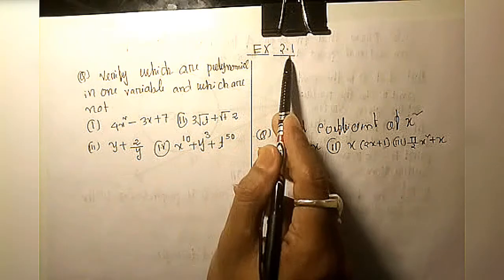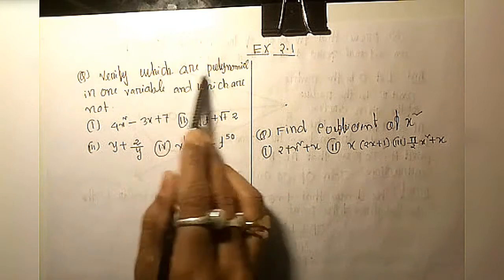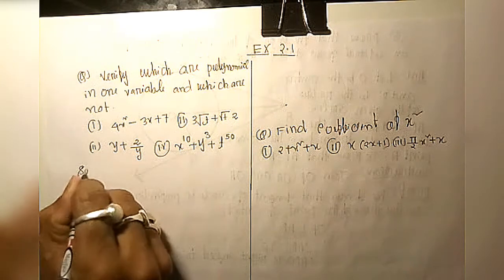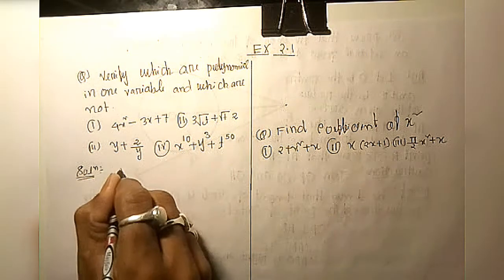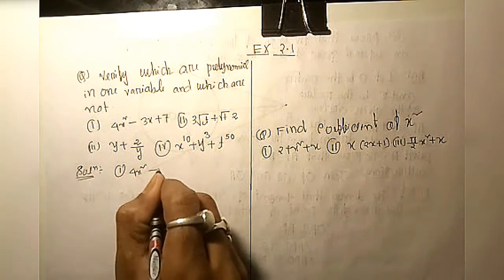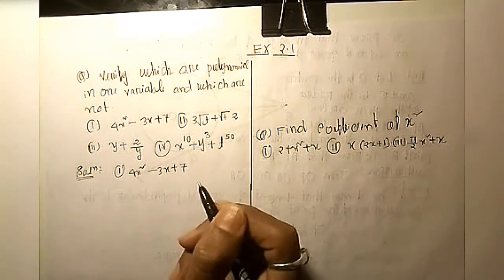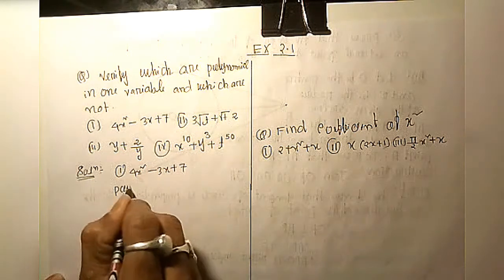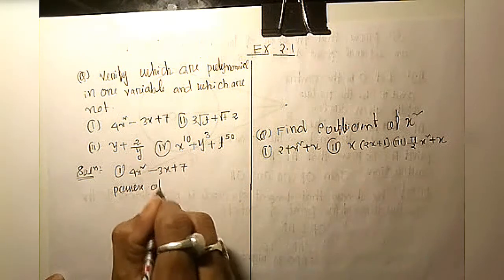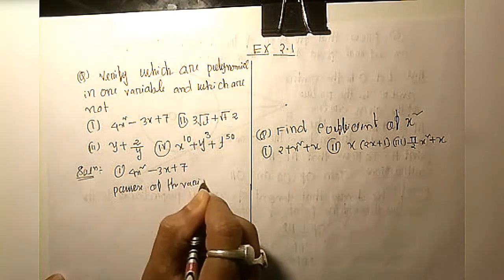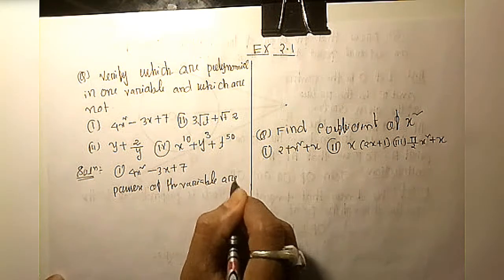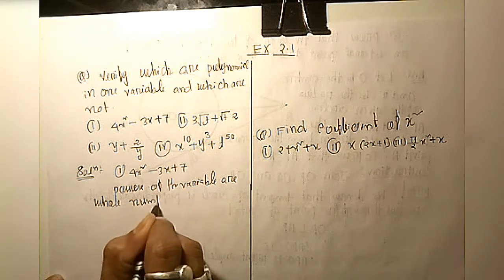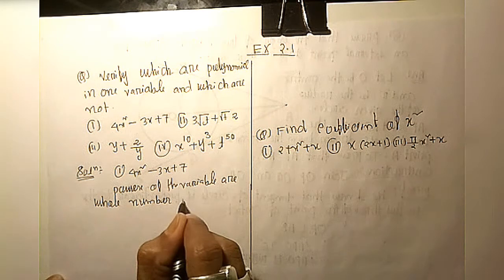So, let's move to exercise 2.1. We will discuss today exercise 2.1 and 2.2. In 2.1, verify which are polynomials in one variable and which are not. In Roman number 1, 4x square minus 3x plus 7. This is a polynomial. We need to check that the powers of the variable are whole numbers. The powers of x are 2 and 1, and 2 and 1 are whole numbers.